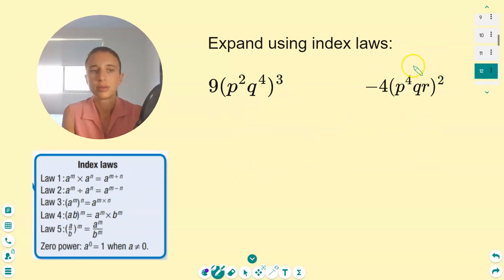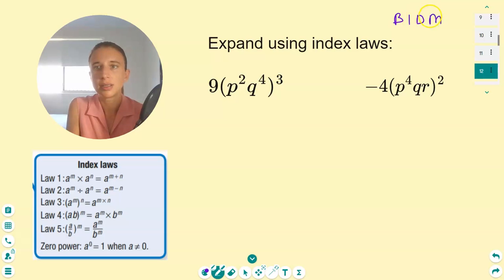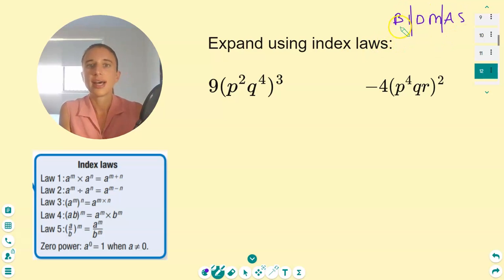Moving on. Sorry, itchy nose. Expand using index laws. Now we've got a number outside of the brackets this time. If we're confused about what to do, think of BIDMAS, the order in which operations are performed. That says brackets and indices come first.